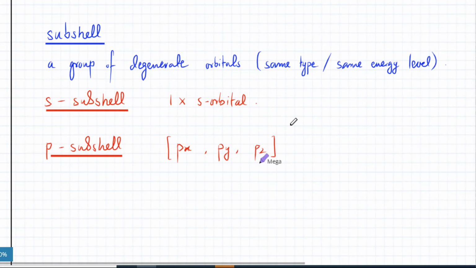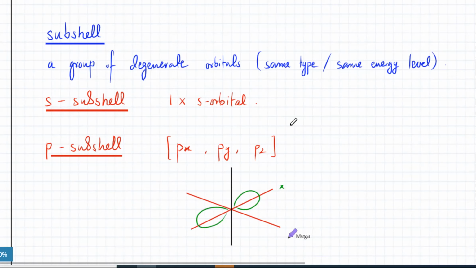So if I draw the x, y, and z axis, with the z axis top to bottom, and the center is the nucleus. We studied that if this is the x axis, the electron in the px would be on the x axis.